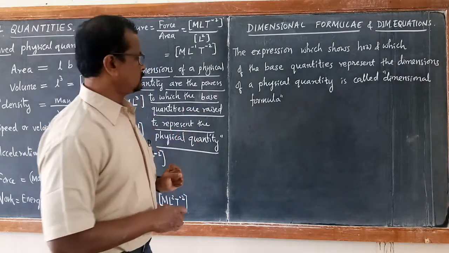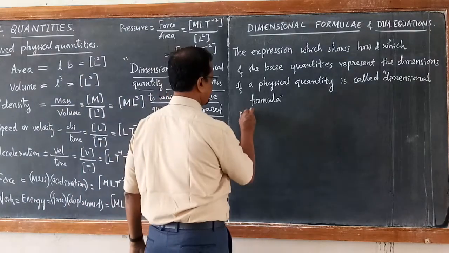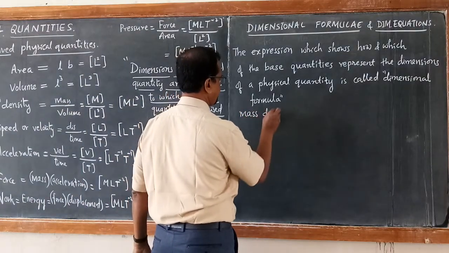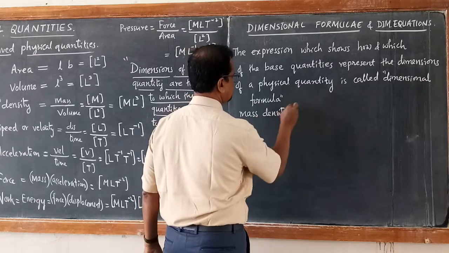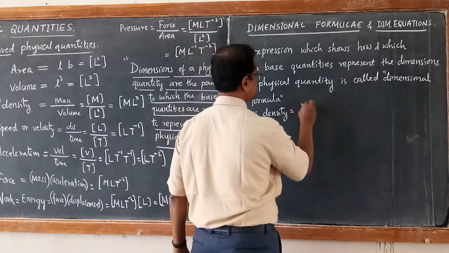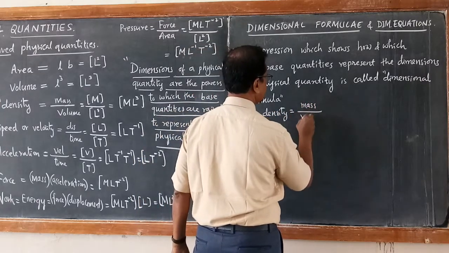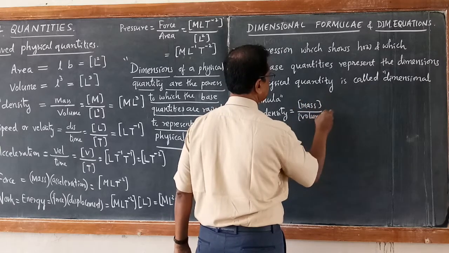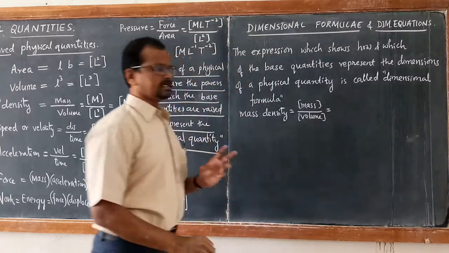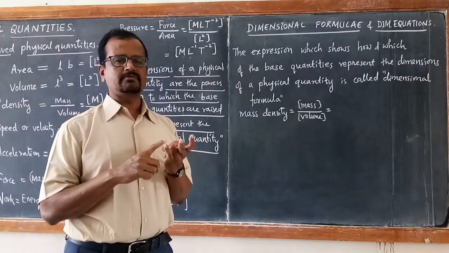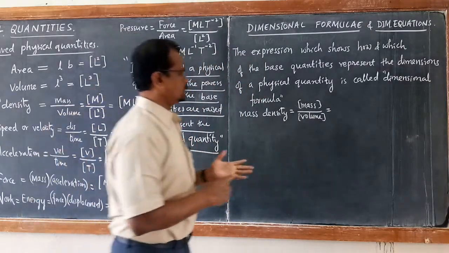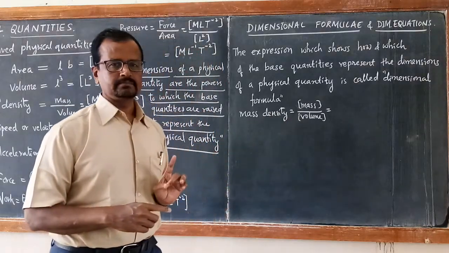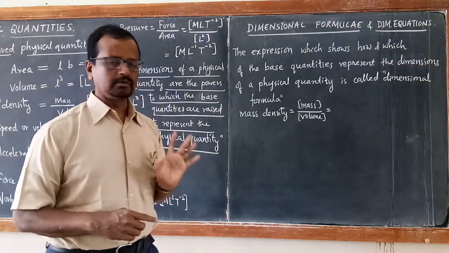For example, let us take mass density. Mass density has dimensions of mass and dimensions of volume. Usually it is expressed in terms of dimension of mass, dimension of length and dimension of time. It doesn't have any dimension of time, so the dimension of time becomes 0.